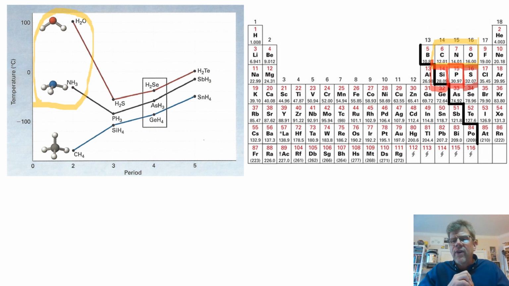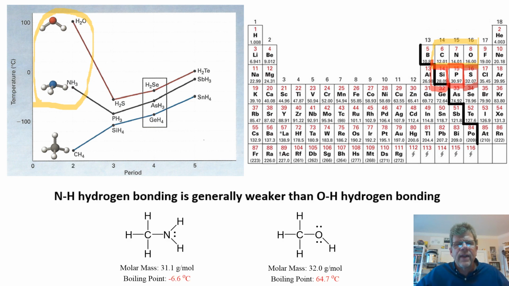There's about a 115-degree difference between them, and they weigh about the same. What's going on? Well, we can only arrive at one conclusion, and that is the correct conclusion, and that is that NH hydrogen bonding is generally weaker than OH hydrogen bonding.